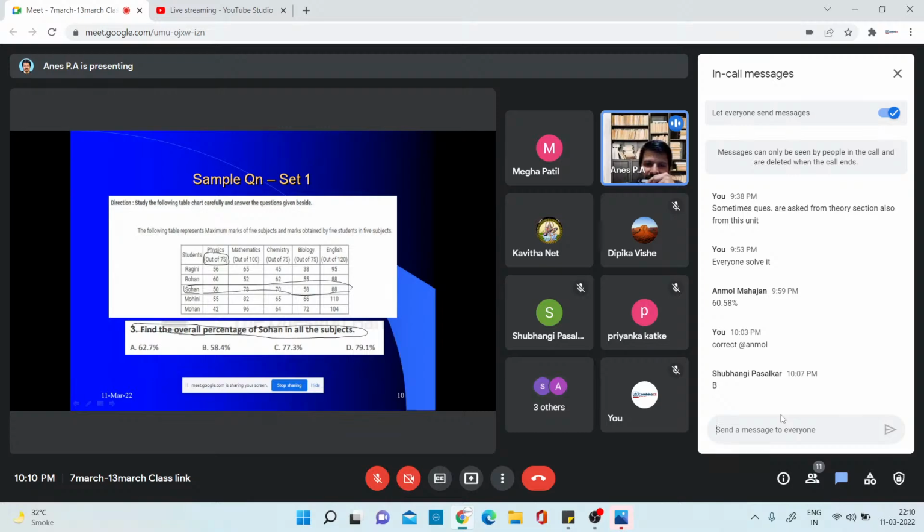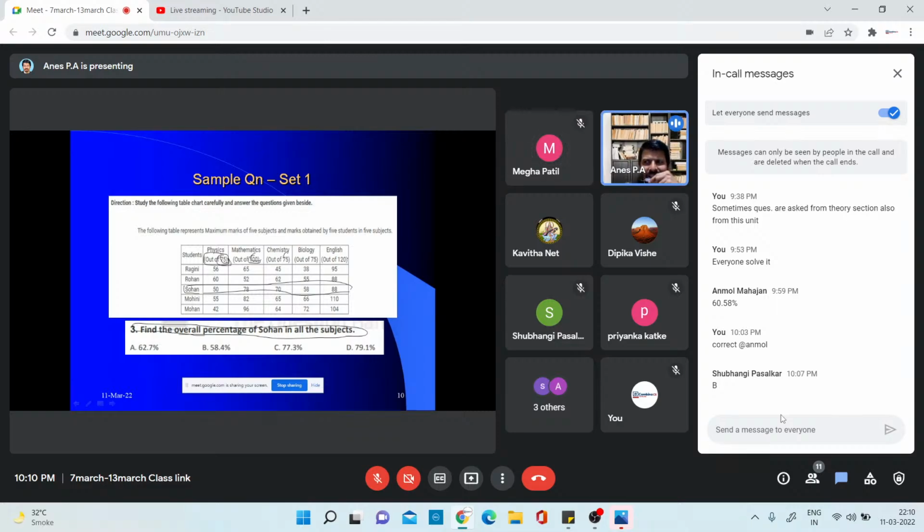You need to take the 75 from here, 100 from here, because all subjects have different total marks. So you need to consider these marks: this 75, this 100, this 75, this 75, 120. You take the sum and put it as the denominator, right?